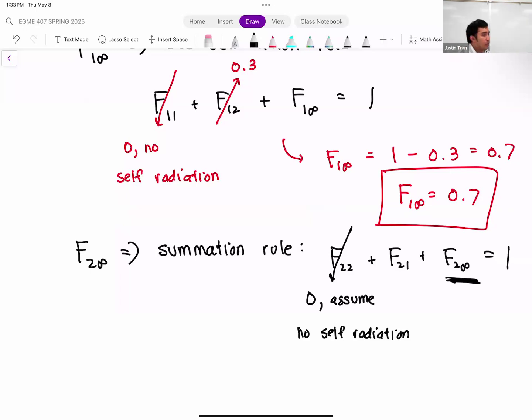That's pretty reasonable. And if you do get a situation where self-irradiation is possible, the problem will probably tell you. So the last view factor that we need to solve for in this problem is F21, which we don't have, but we can actually solve for it.